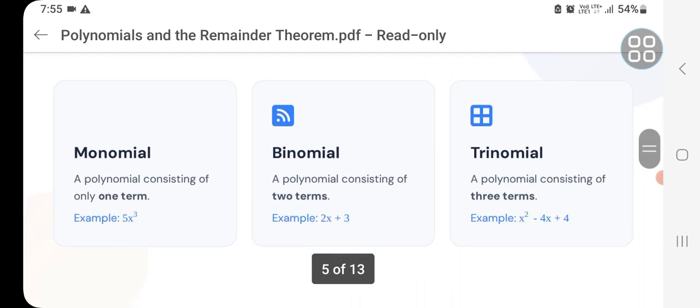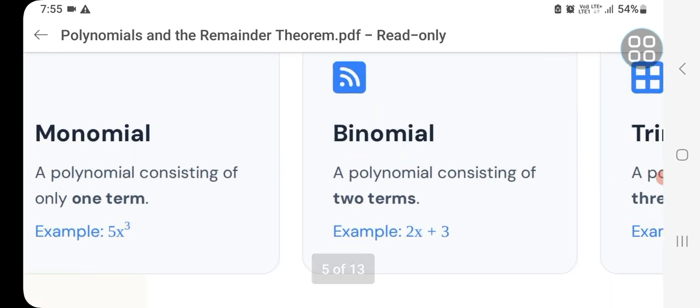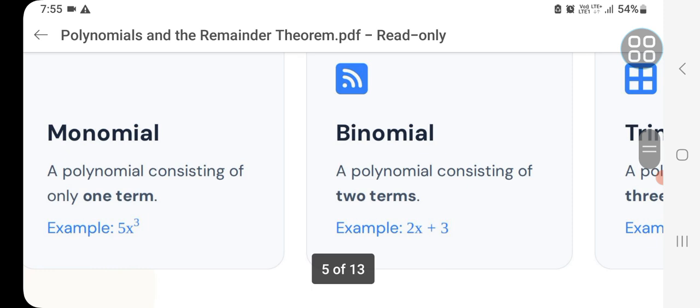See the first one, monomial. A polynomial consisting of only one term. You already know how to identify the number of terms, right? Here I give an example for you, that is 5x cube. 5x cube is a single term because 5x cube is nothing but 5 into x cube.